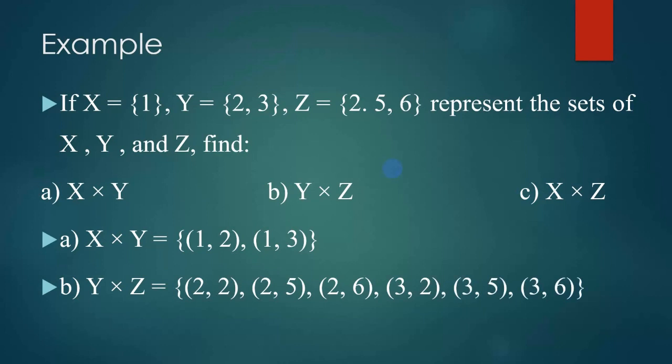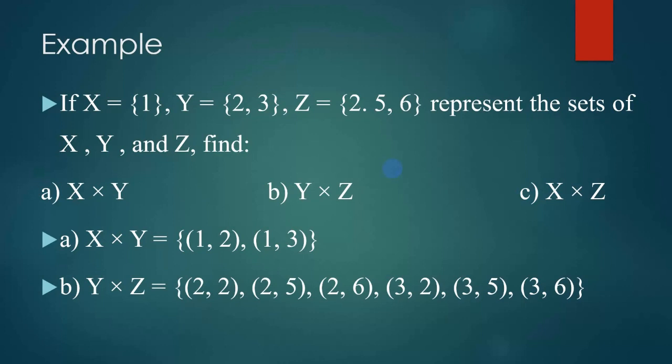Each element in the set y will be a first projection with each element of the set z, which means that the element 2 will be a first projection with 2, with 5 and with 6, which gives us 3 ordered pairs: (2, 2), (2, 5) and (2, 6).